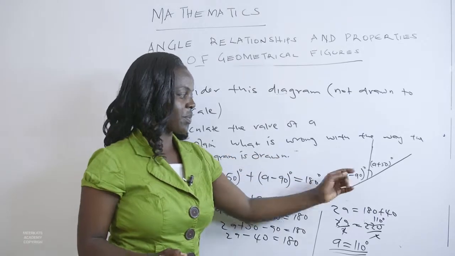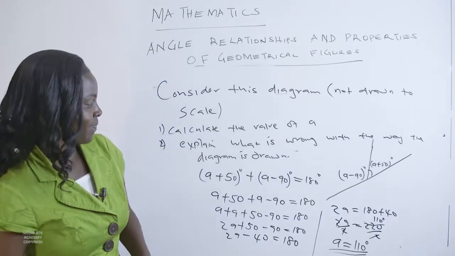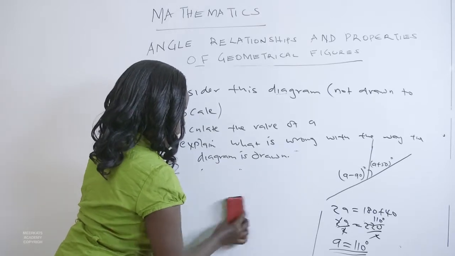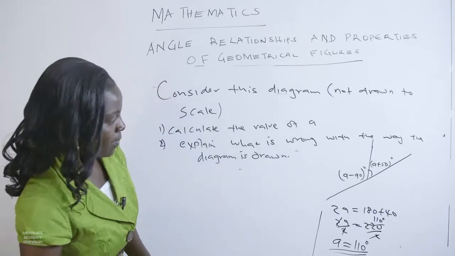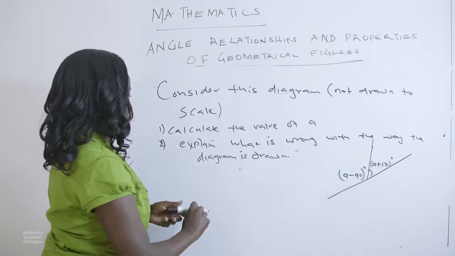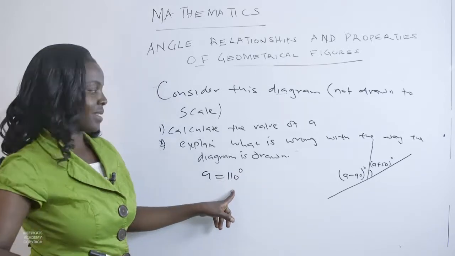Is there any problem with the way the diagram is drawn? Let us see. We have found A is 110 degrees.